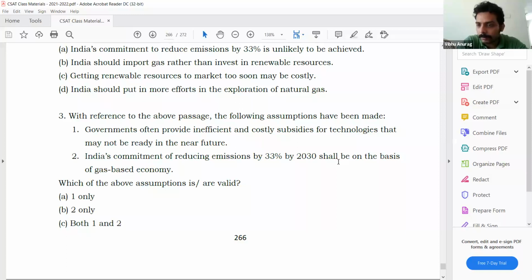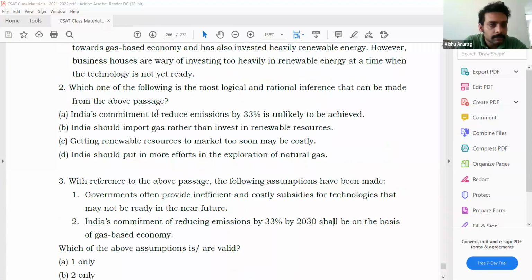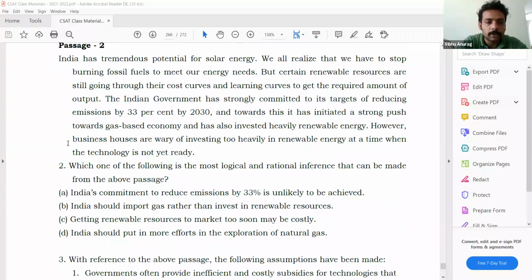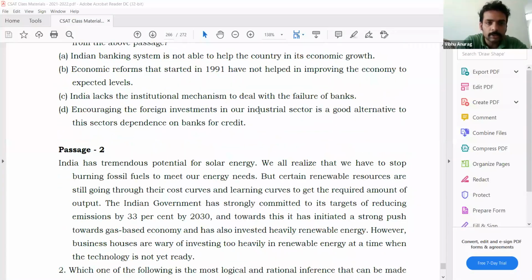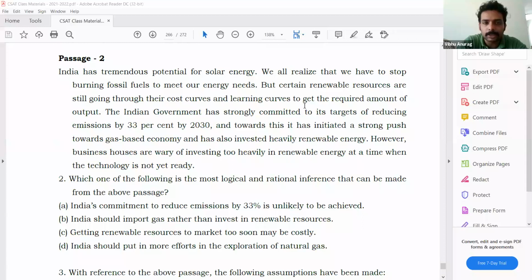And sorry, I think I missed a question before also. Somebody had asked for the previous one, why option A is not valid. So he's not saying that it's unlikely to achieve it, right? They are saying that the government has targeted this. There is no indication that it is unlikely to be achieved. So because of that, A is wrong.